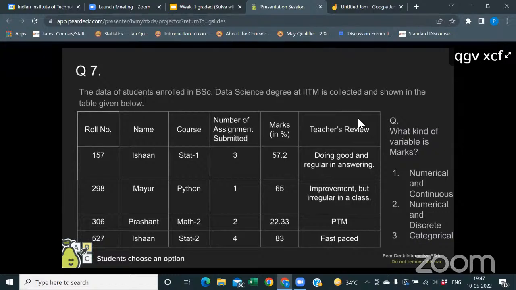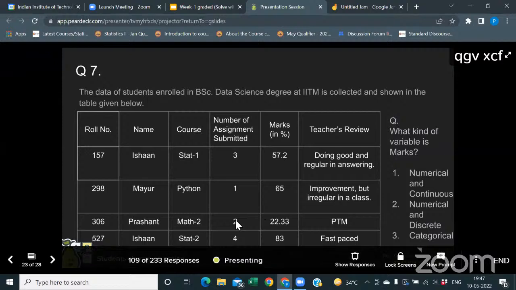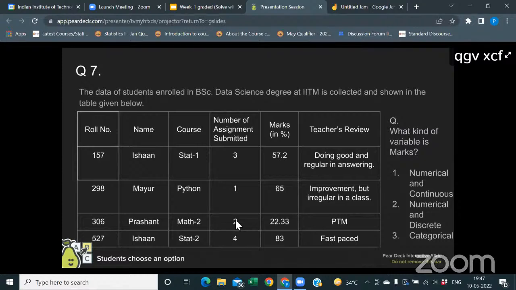Let the people answer, and after that I will go on the Jamboard and discuss. Till then, I'm explaining that it can take distinct values. Suppose I have 1 rupee, 1.5 rupees, 2 rupees, 2.5 rupees, 3 rupees, and 3.5 rupees. These all are distinct values. I can count these. That's why this is discrete.